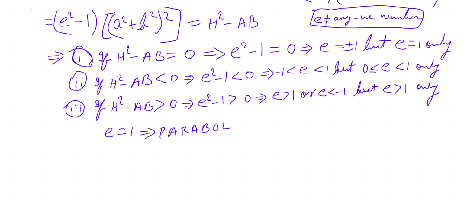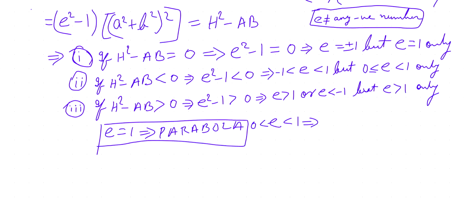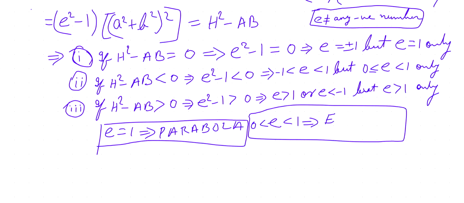E more than 0, less than 1 gives us ellipse. And E more than 1 gives us hyperbola.